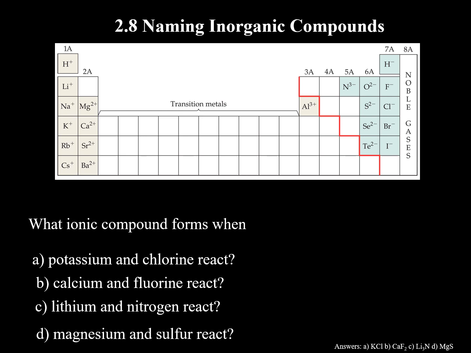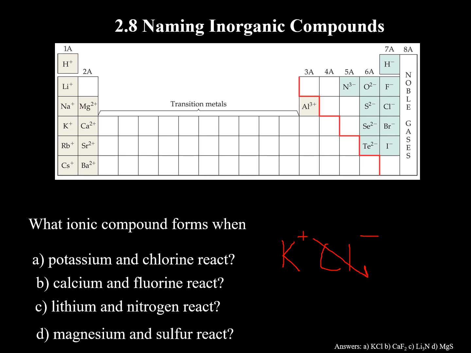So let's give this a try. We have here, I'll give you guys a few minutes so you can pause the video. What would happen if these two elements came together? In the case of, I'll do the first one, potassium is a plus, chlorine is a minus.